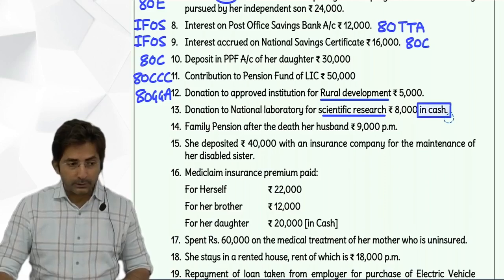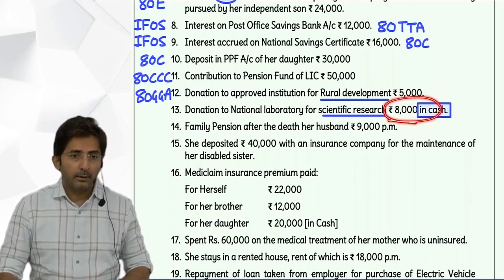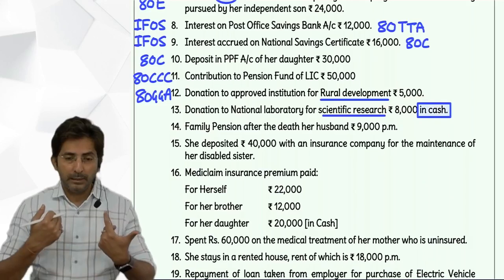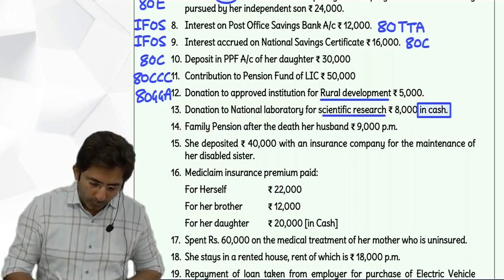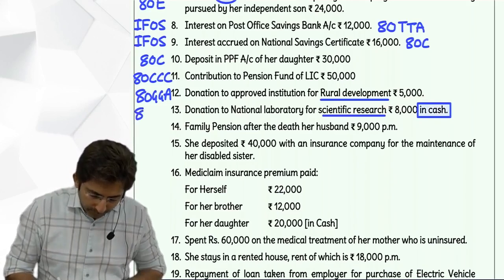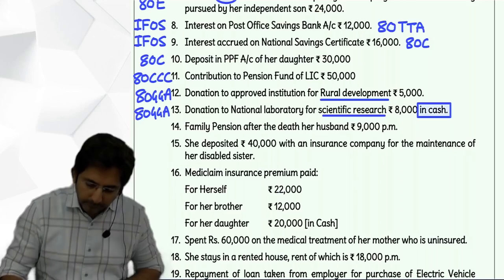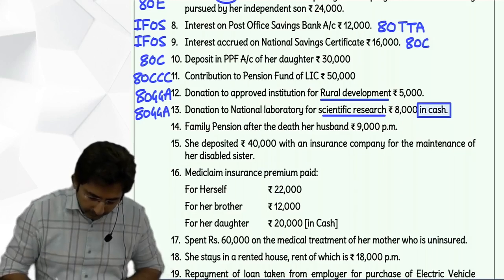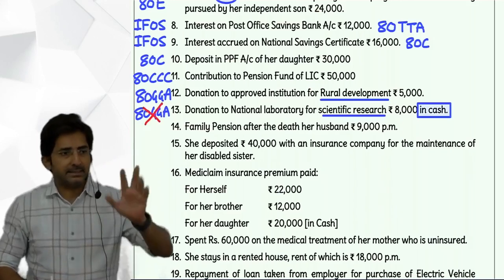But here the amount is more than 2000, so big amount in cash is not allowed. So completely ignore it. If you want you can write 80GGA and then cancel it.